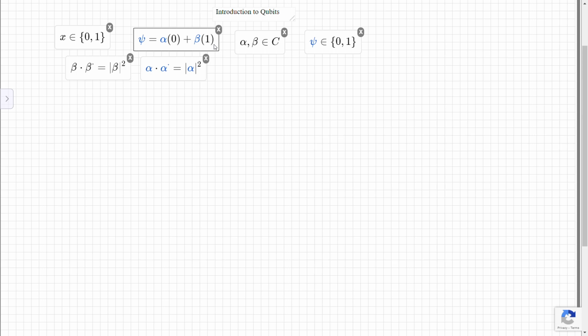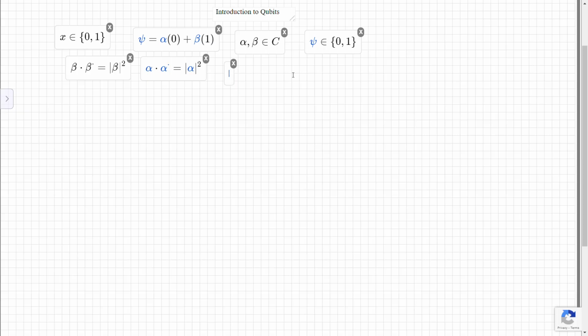You can use plus, minus, 0, 1, whatever. What's important is these coefficients, the probability amplitudes, alpha and beta, because that determines what would be the probability of getting to state 0 or state 1.